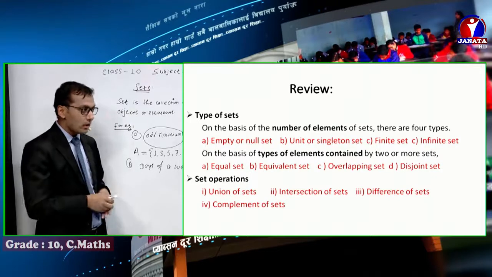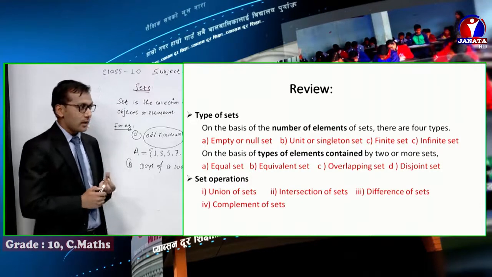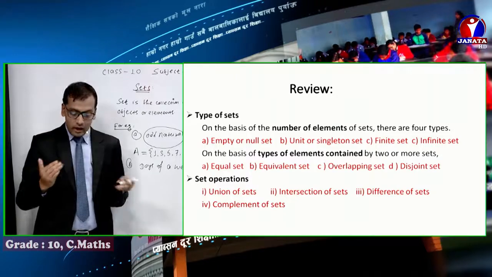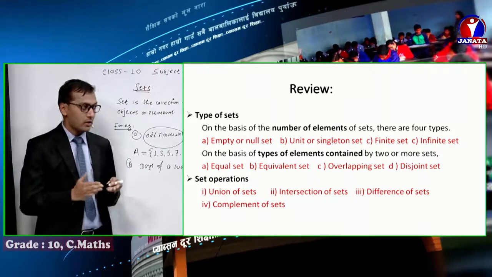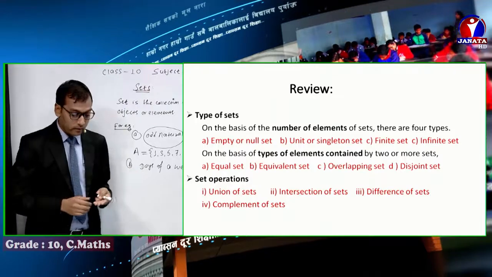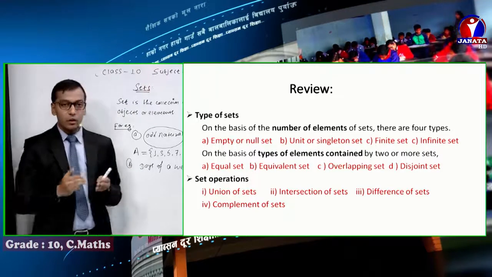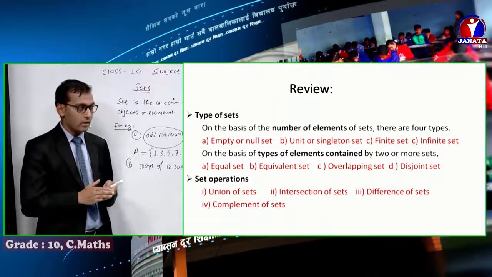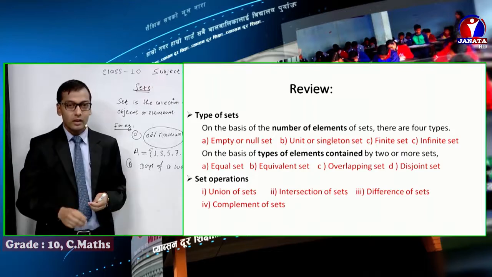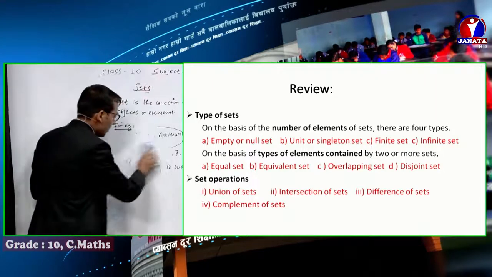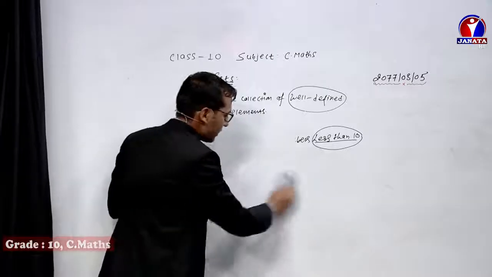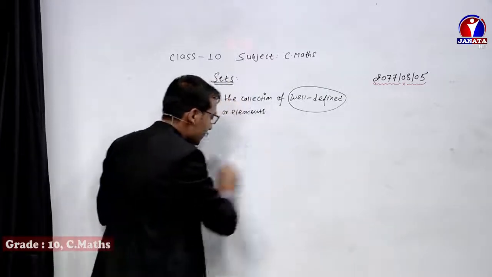So, types of set. Here are many types of sets you can see. First is the empty set. If there is no element in a set, it is called an empty set. Unit set: if a set contains only one element, it is called a unit set.